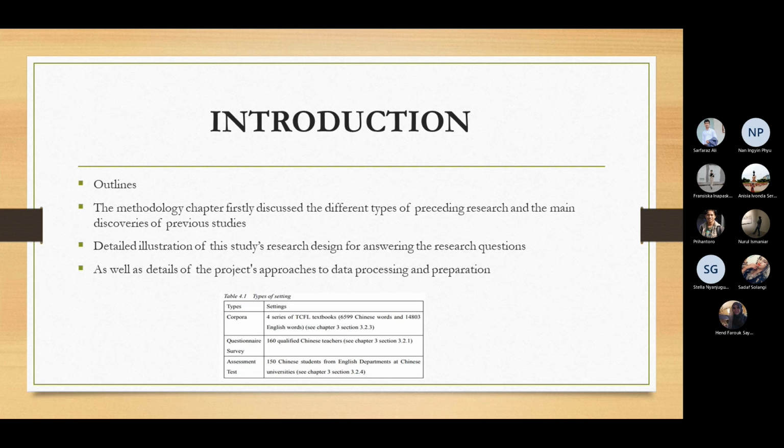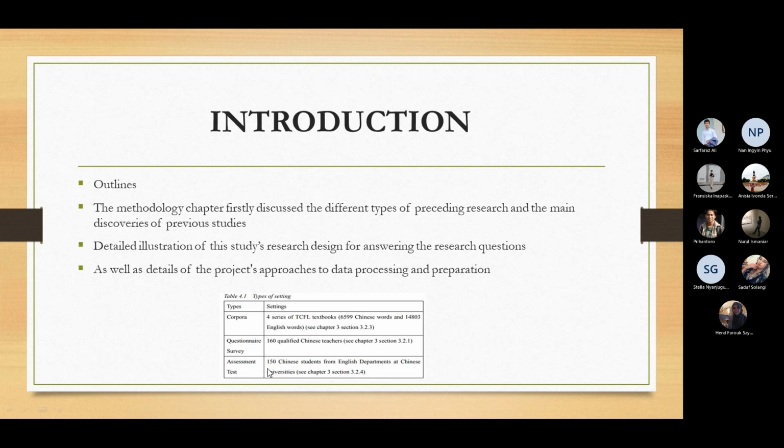When we move to chapter 5, we see the answers and the background about the 2nd and 3rd questions. So overall, the project's approach to data and processing preparation is also given.